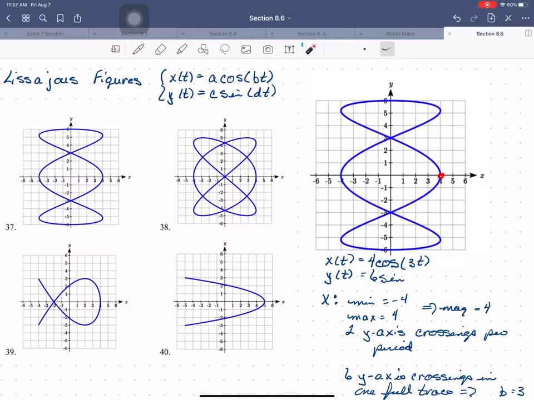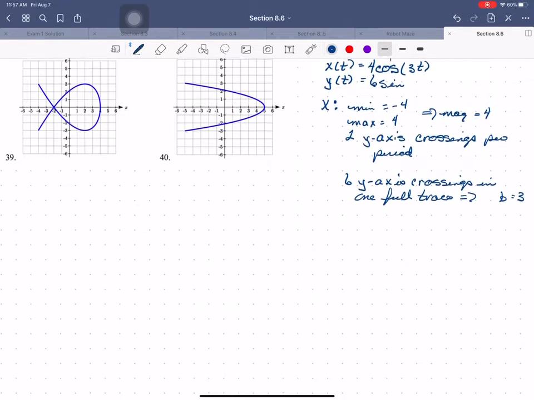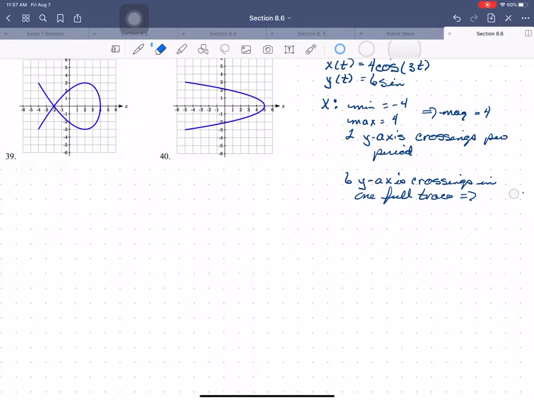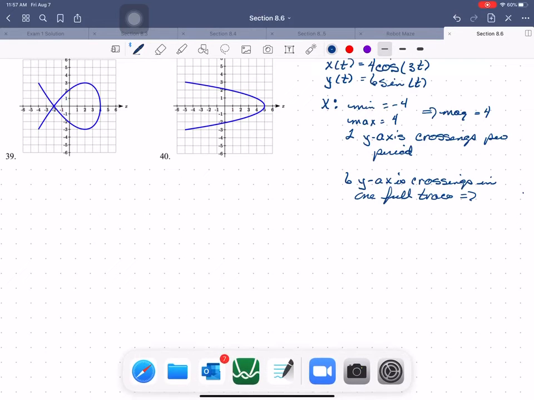So 1, 2, just 2. So my period is 1. Yeah, I think I was right the first time. All right, I have to check this every time. So let's try this. If this isn't right, I know how to fix it.